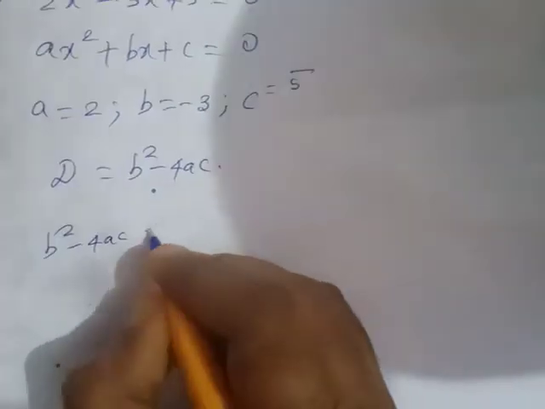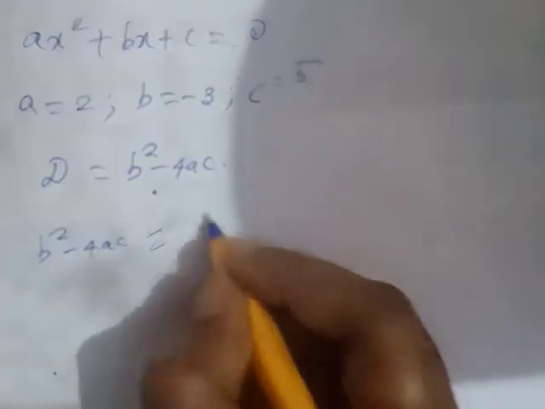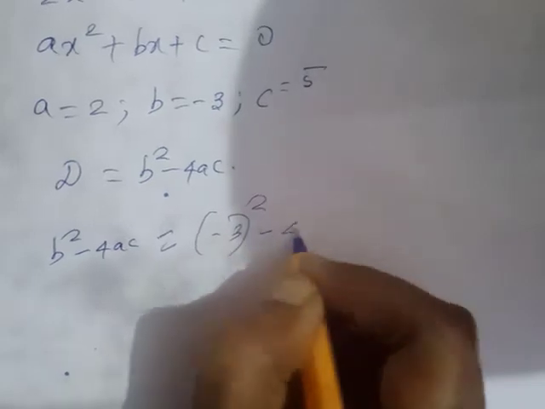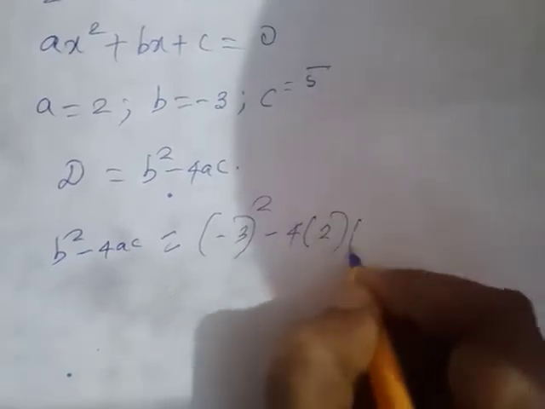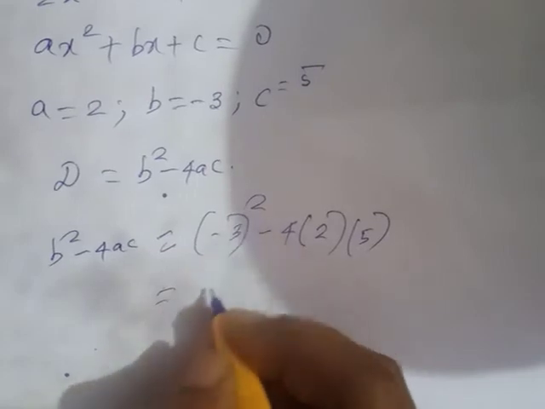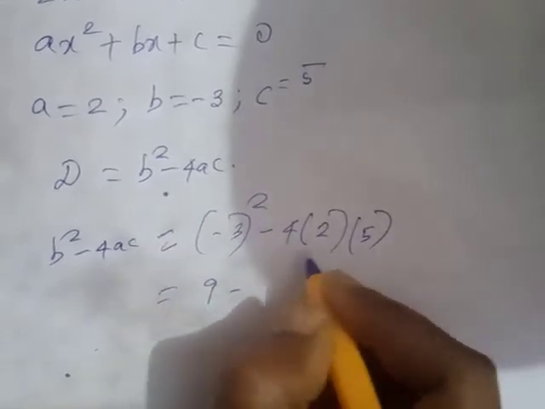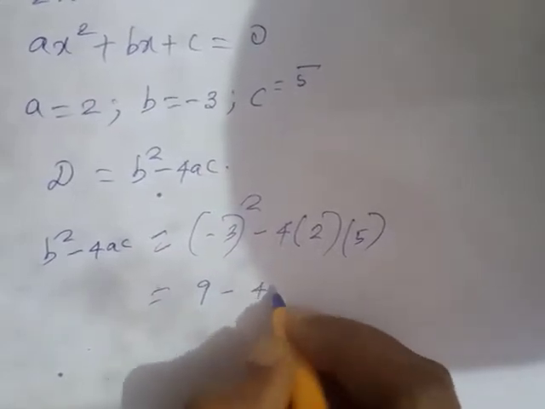We are going to find out b square minus 4ac. That is minus 3 the whole square minus 4 into a into c. So minus 3 when you square becomes 9, minus 4 2s are 8, 8 5s are 40.